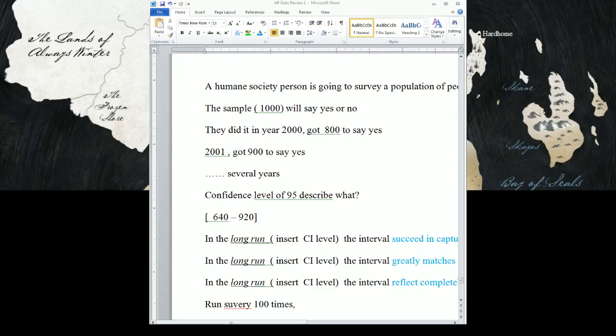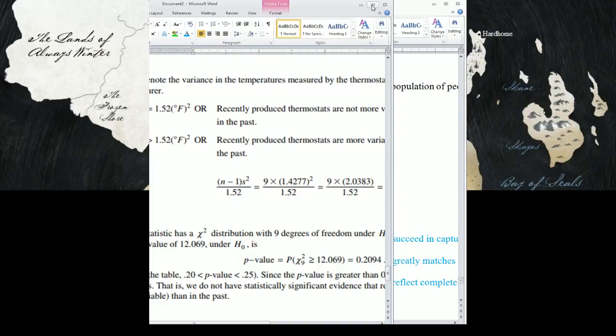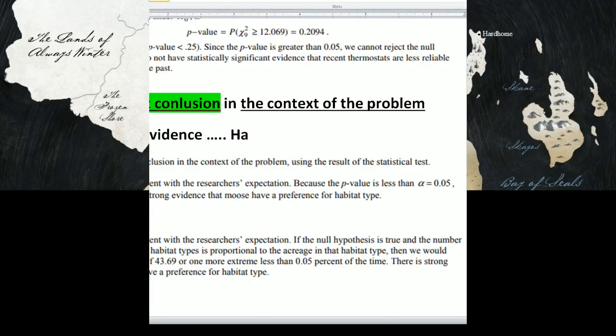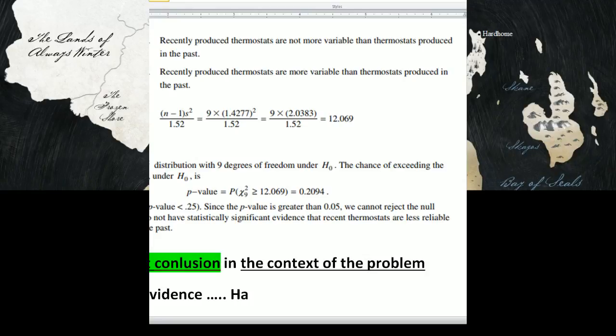Yeah, that's it. I just wanted to sort of give you a recap. Please understand that on the FRQ the only time they're going to ask you to calculate the confidence interval is if it's part of a hypothesis testing question.